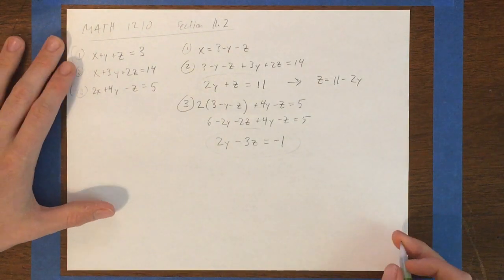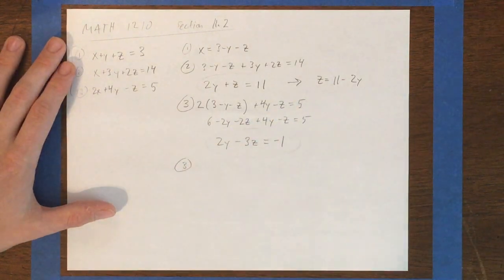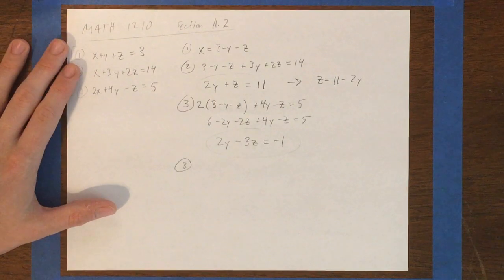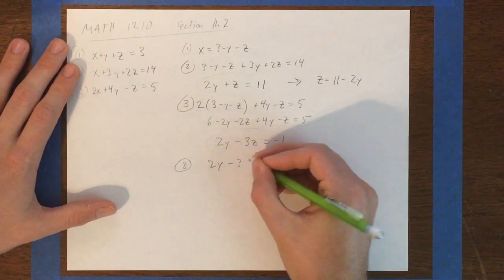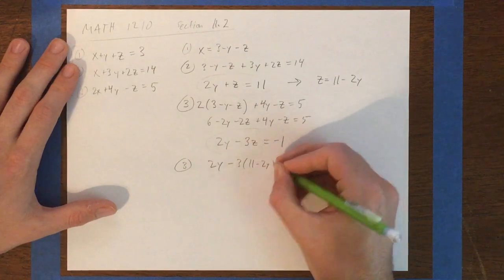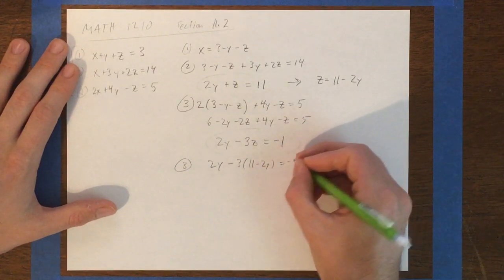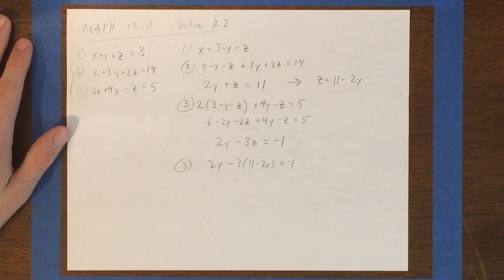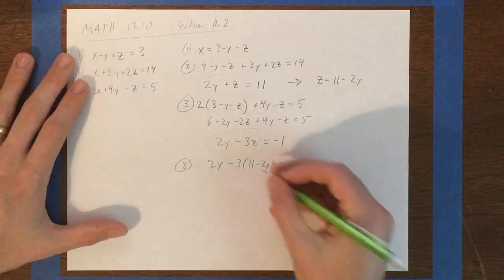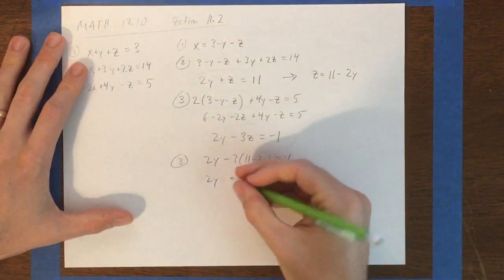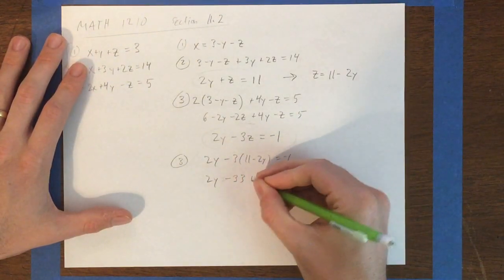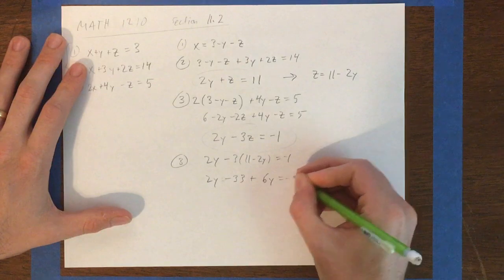I'm going to continue working with equation 3 here. Using z is 11 minus 2y, we substitute and get 2y minus 3 times 11 minus 2y equals negative 1. Let's simplify that. We'll have 2y minus 33 plus 6y equals negative 1.